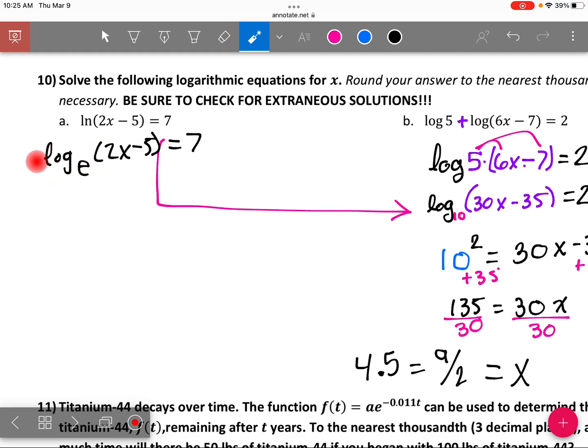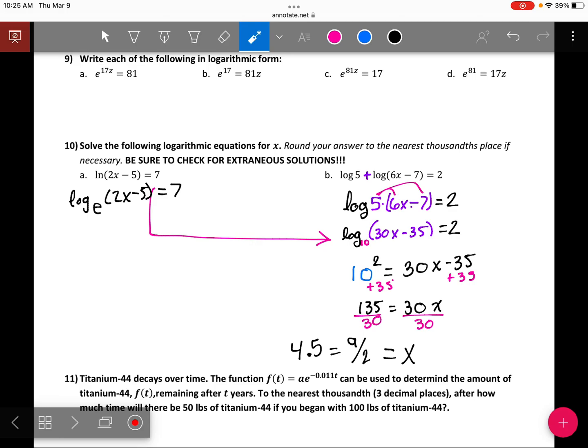Natural log has log base E. Other than that, it's the same process, okay? What else you guys want to go through? Or are we feeling okay and would like to have 10 minutes to work?